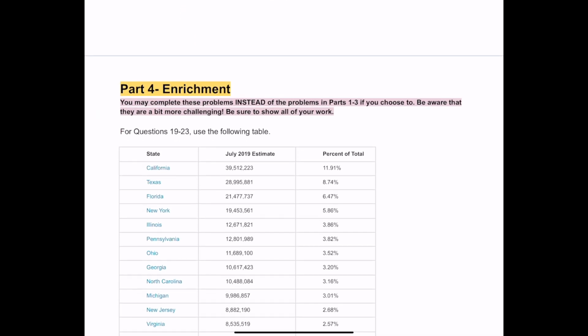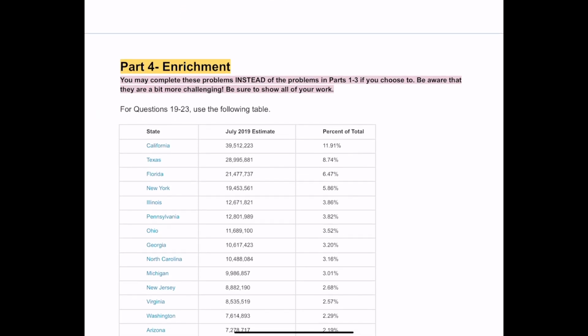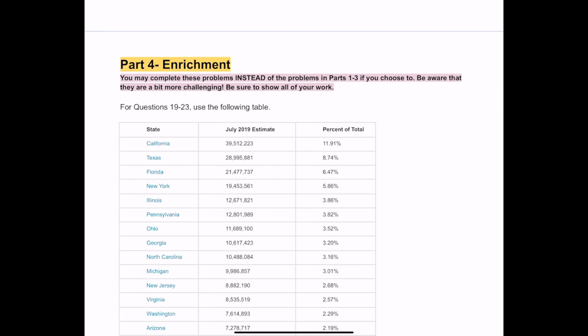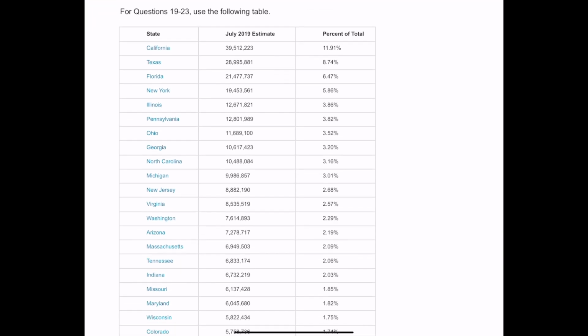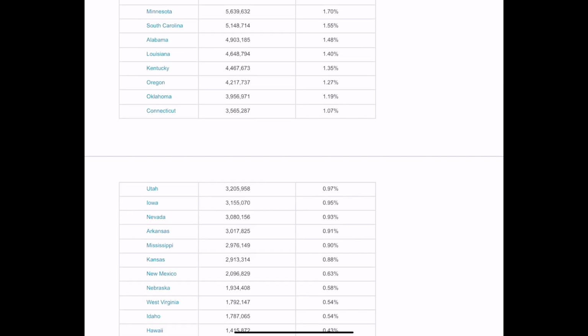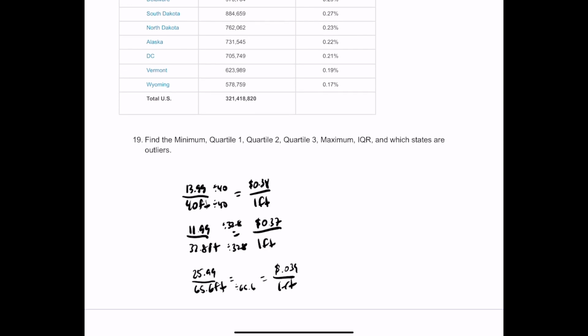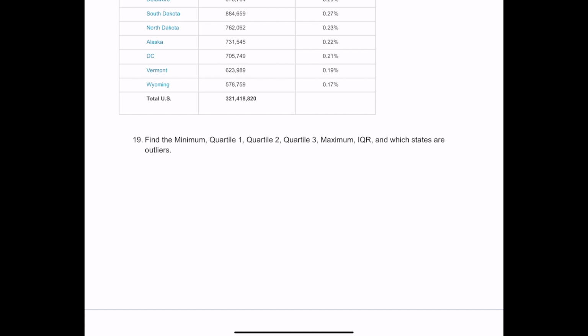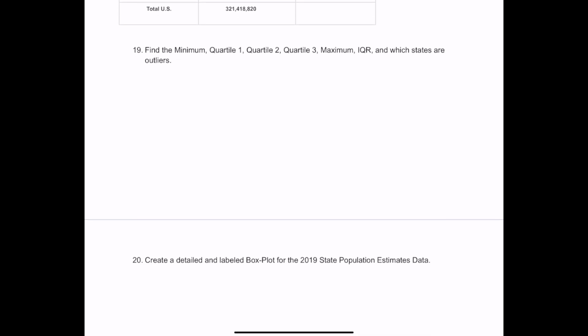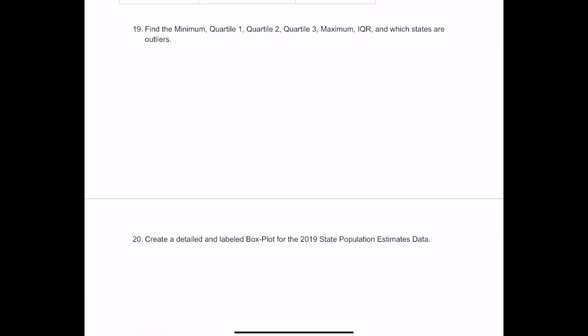For part 4, the enrichment, you can do that. It's more challenging. Here are all of the state populations in 2019. Typically we would use Google Sheets or something like this, just like the project we did in school.